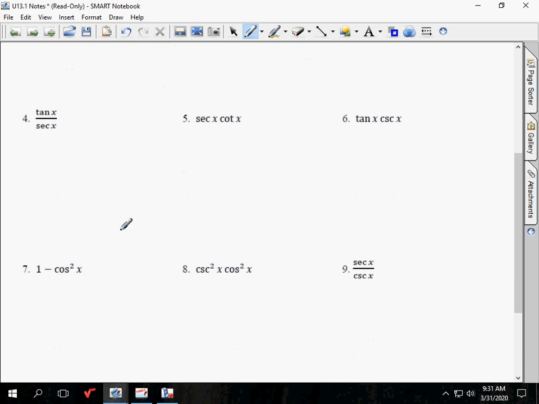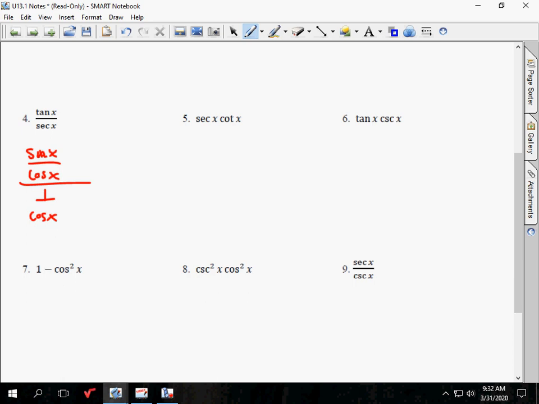All right, so let's keep going. Number 4, tangent x over secant x. Now, there's not just one way to do some of these problems. There's multiple ways, so whatever way you can use to simplify it to the correct answer is okay. So tangent, I'm going to change to sine over cosine, and secant is 1 over cosine. Now I have a fraction dividing by another fraction.